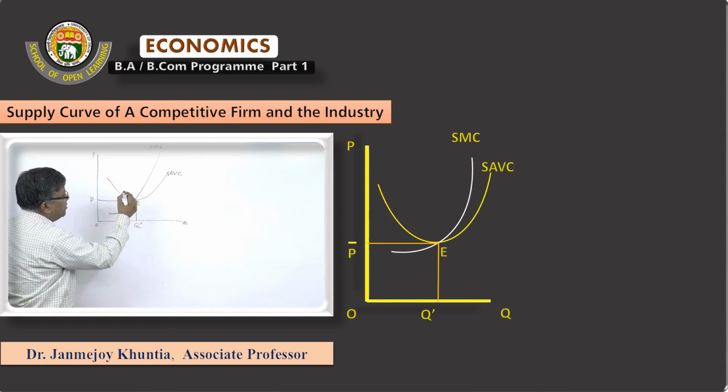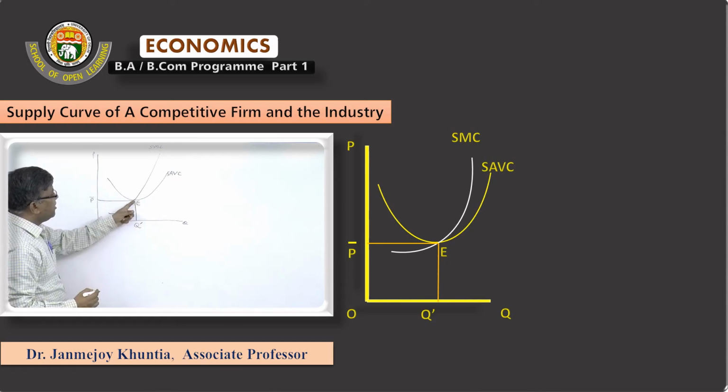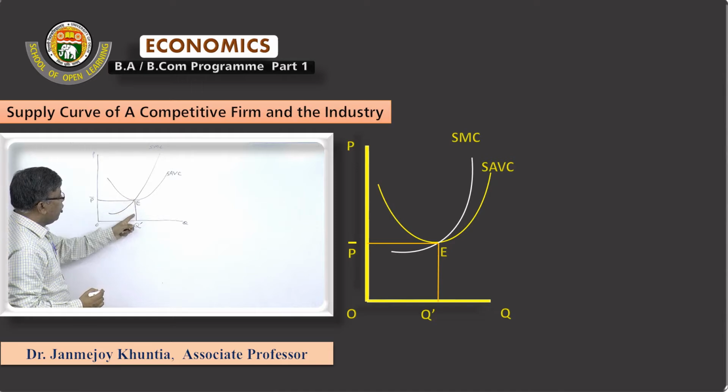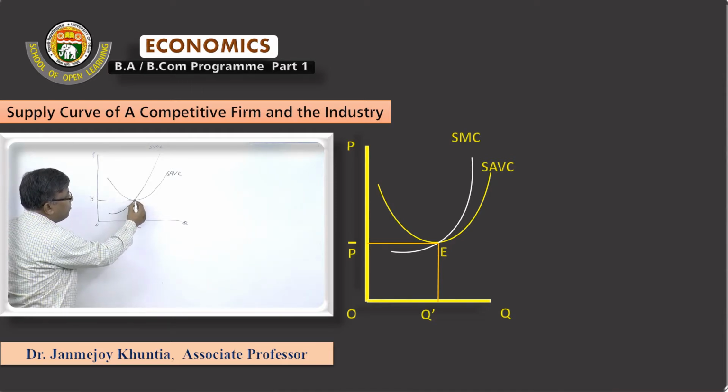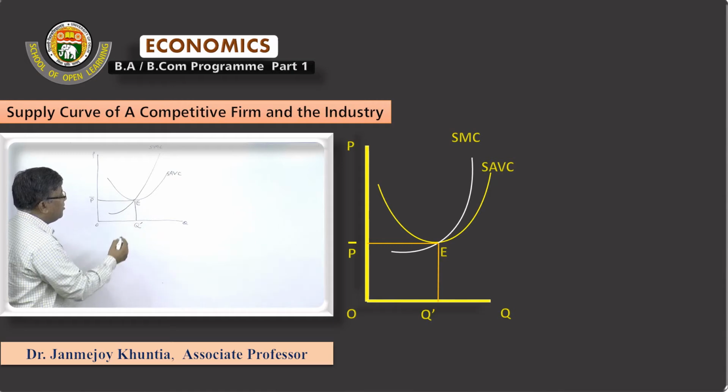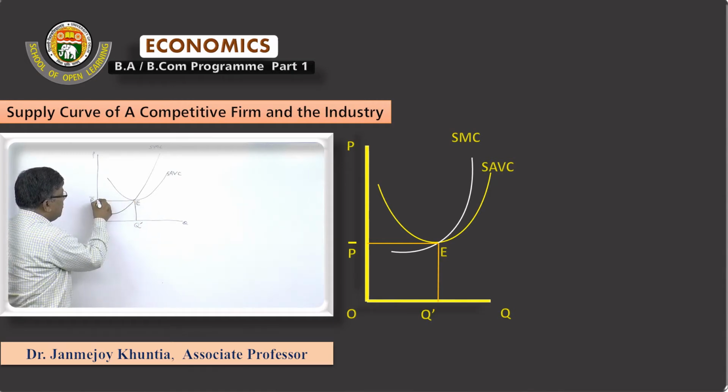At this point, the firm can only cover its variable cost. Below this point, it incurs loss. So, no firm will operate below this point. The entire fixed cost is not covered. Hence, the supply of the firm will start at a price at least from P bar and above it.